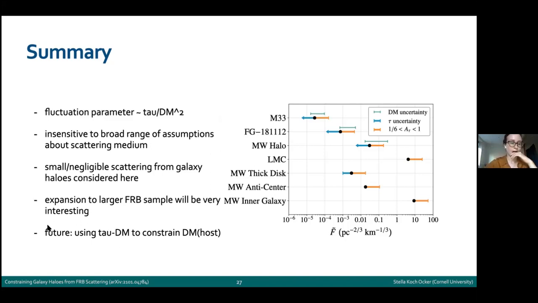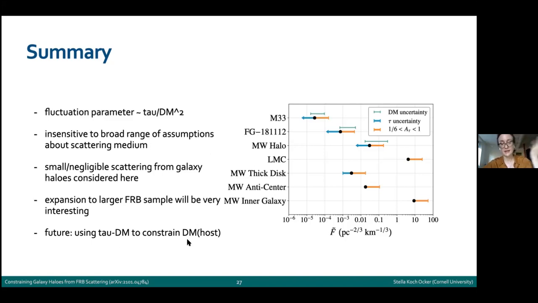And so another project that Jim Cordes is working on with Shami and I is actually using the relationship between tau and DM to place improved constraints on the DM contribution of FRB host galaxies, with the aim of improving the accuracy of the DM redshift relation.